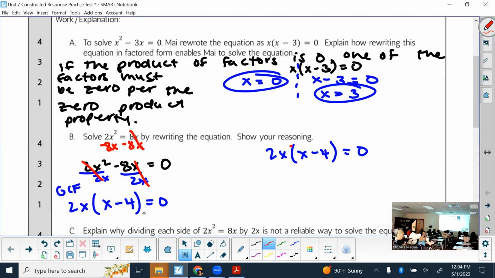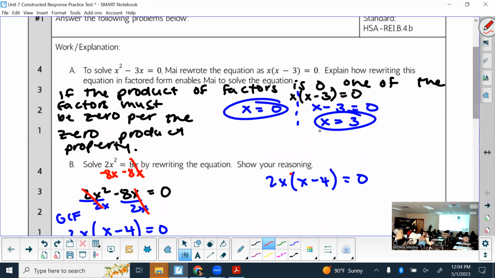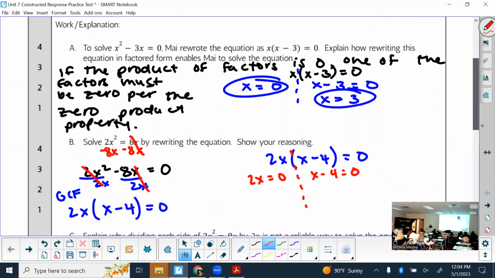But that would just get me back to where I started, right? Doesn't it help me find what x equals? How did we do it up here? In part A? So you set each factor equal to 0 and solve for your x.